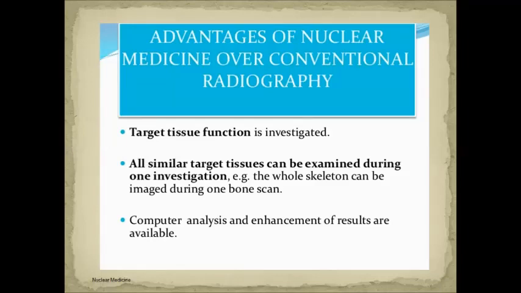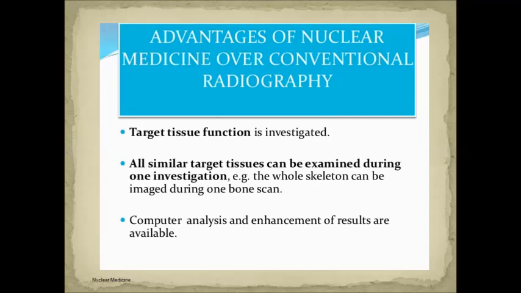What are advantages of nuclear medicine over conventional radiography? First of all, its possibility to study target tissue functions. Next, all similar target tissues can be examined during one investigation.